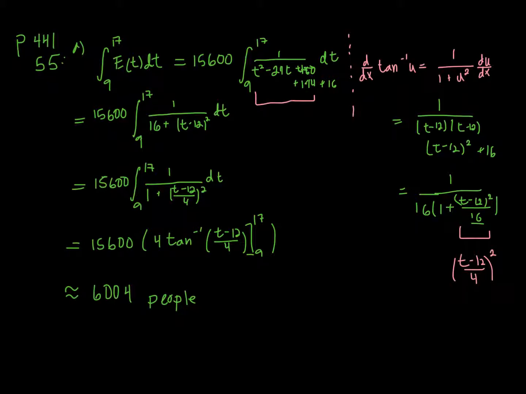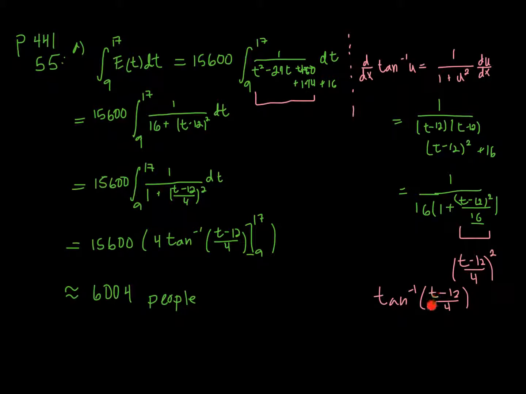Now the last thing I have to do is notice that I'm using the chain rule with u, so I'm going to take the derivative of u with respect to x. So when I consider, I'll write this out again, inverse tangent of u, and in this case u would be t minus 12 over 4, and if I were to take the derivative of this, I'm going to get 1 over 1 plus t minus 12 over 4 squared, which is exactly what I have here.